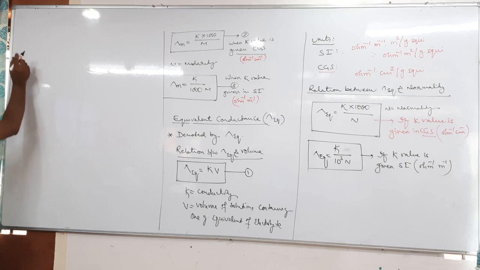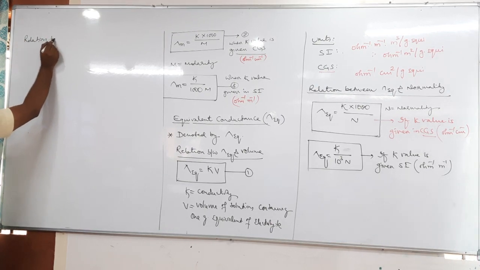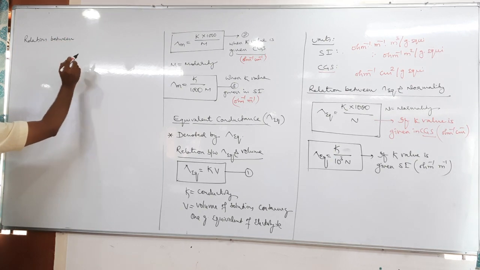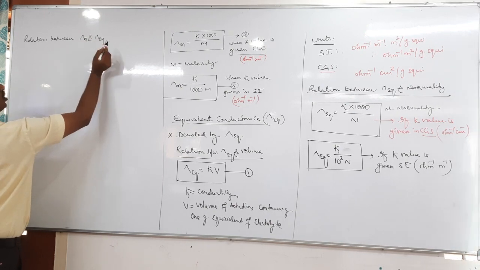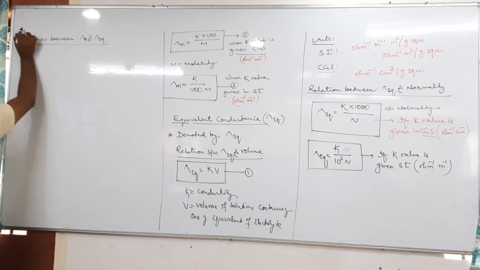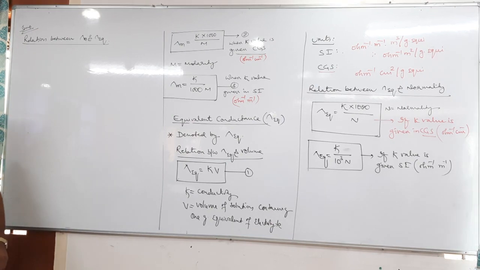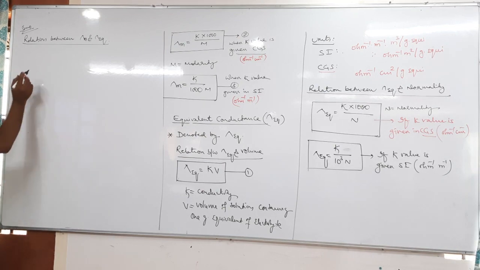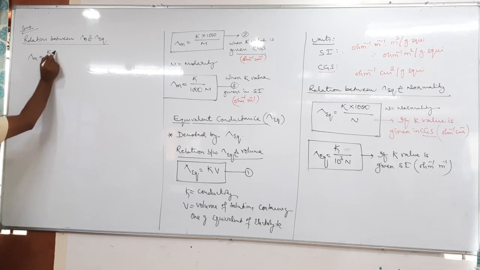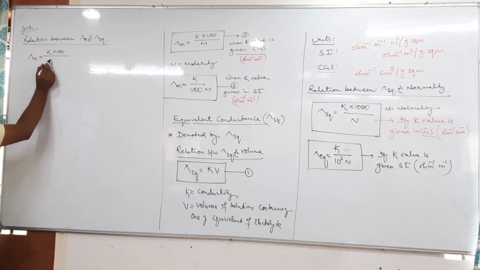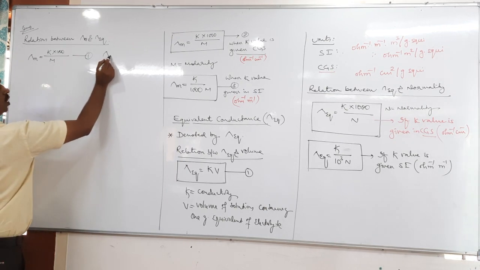Next, relation between lambda m and lambda EQ. Tell me, what is lambda m? K into 1000 divided by M, equation 1. What is lambda EQ?